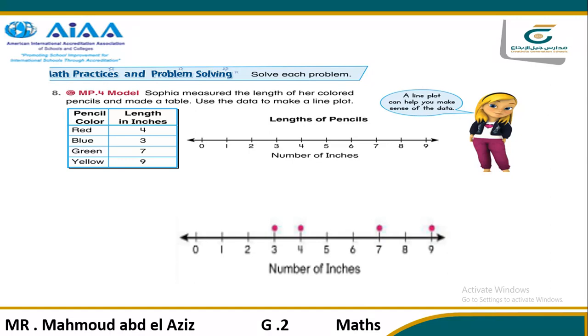The shortest one is the blue pencil. It measures 3 inches. And the red pencil, which measured 4 inches. And the green one, which equals 7 inches. And the yellow pencil, which equals 9 inches.